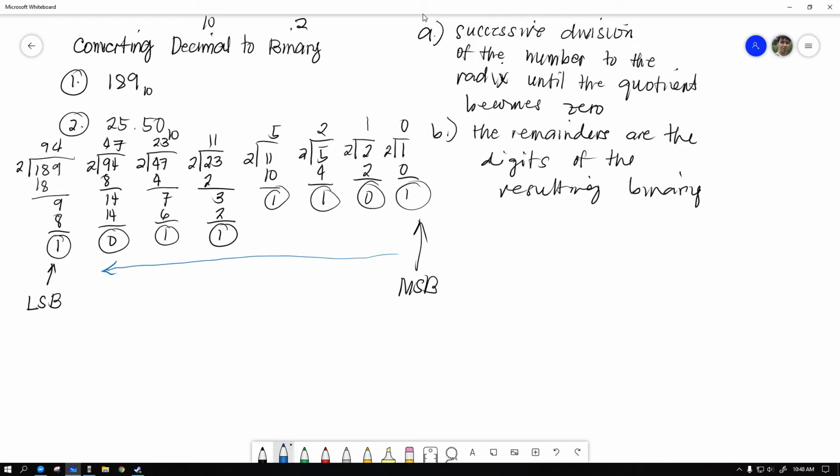So your answer should be 1, 0, 1, 1, 1, 1, 0, 1. That is the resulting binary number. So you can say that 189 of base 10 is equal to 10111101 of base 2. Okay, so that is your answer.